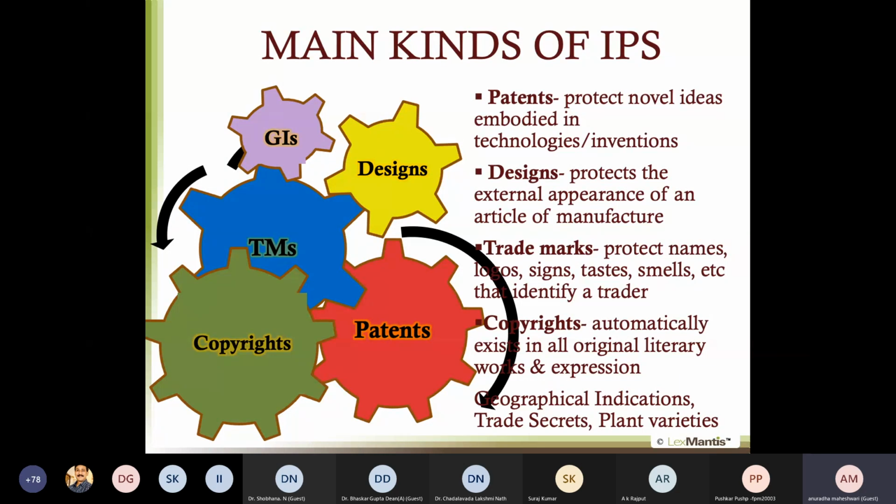What do copyrights do? Copyrights protect expressions, be it a drawing, a painting, architecture, poetry, a film, a book, a novel, a story, everything is protected by copyright. We come to the most commonly found intellectual property, and those are trademarks.